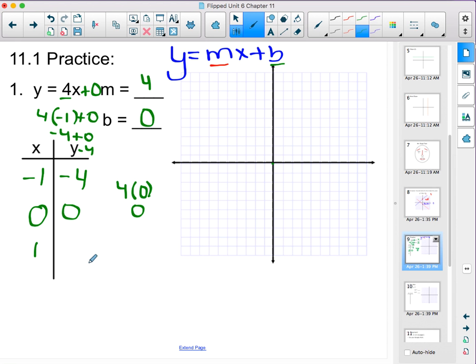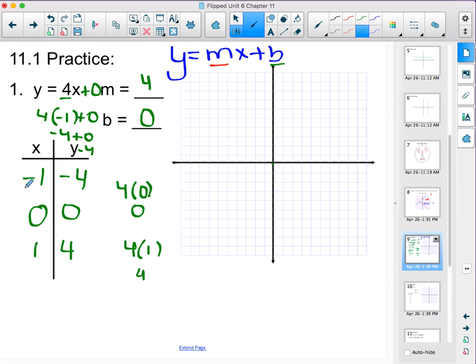Now I do the same thing with my positive 1. 4 times +1 is +4. So when x is +1, y is +4. 3 points is enough to tell me that I've got a straight line going on. You could do a 4th point or a 5th point, but I'm going to stick with 3.